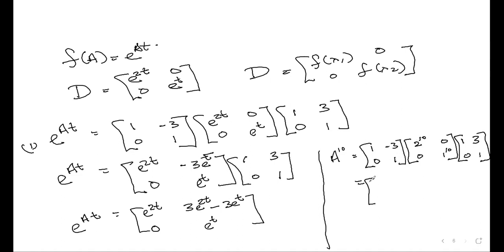Multiply it out, that's 2 to the 10. -3 times 1 to the 10, and 1 to the 10 is just 1. 0, 0, and 0 times 1 is 1.